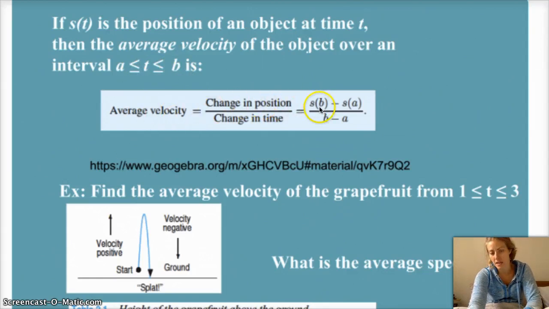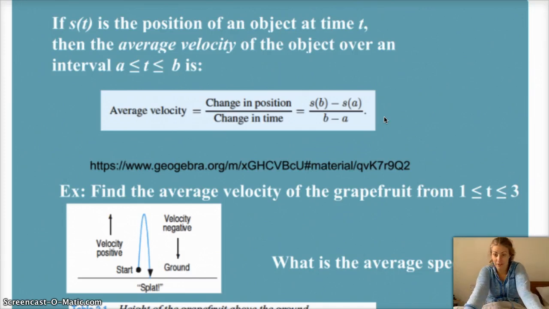So S of B minus S of A over B minus A, which is just whatever your position is at the end minus the position at your start, divided by the difference in time, or the time it took you to get from point A to point B. This should also look familiar because it's related to our slope formula for a line, right?